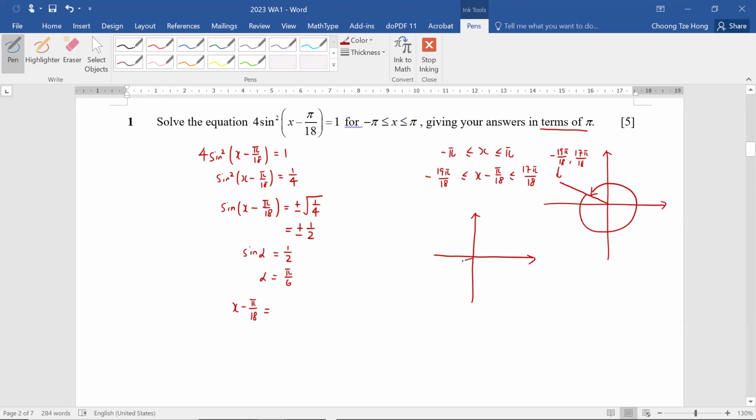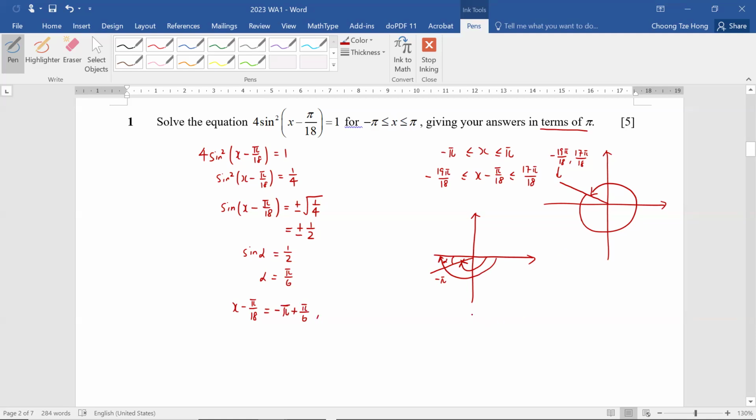If this basic angle pi over 6 is alpha, the angle that we want is this one in the third quadrant, all the way from here to here. From here to here will be negative pi, but we want to stop over here, so we need to add back the alpha. So the first answer will be negative pi plus alpha, which is pi over 6. This is the most negative one.